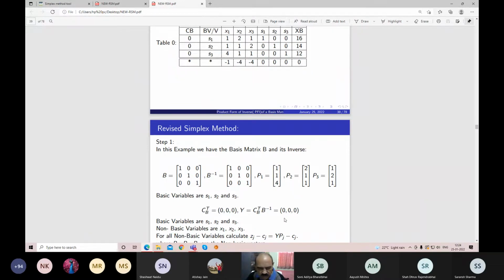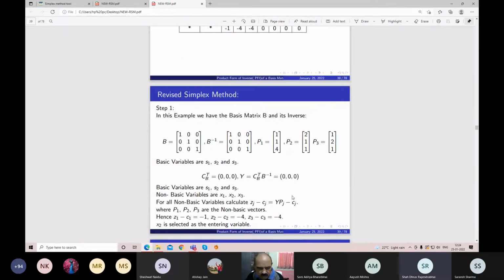This will be 0, 0, 0. Is it all right? Can you verify? Yes, sir. Okay. So CB transpose initially is 0, 0, 0, and y equal to CB transpose into B inverse is also 0, 0, 0.